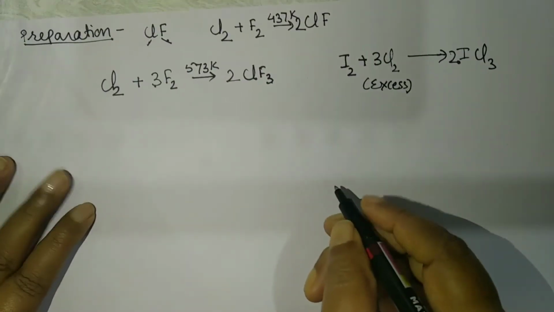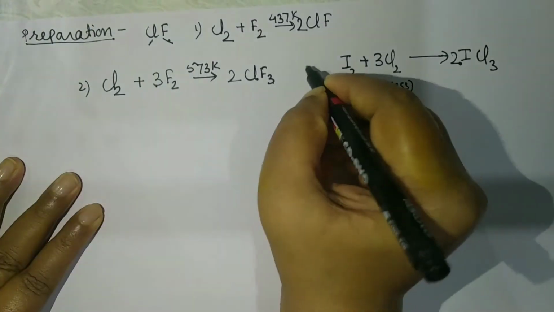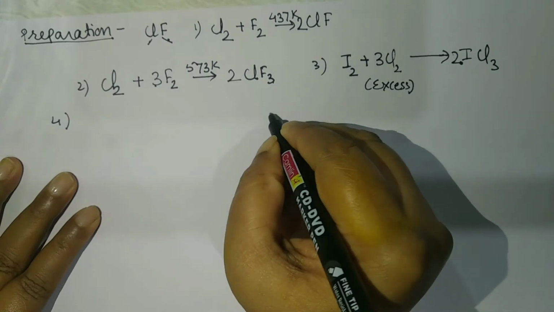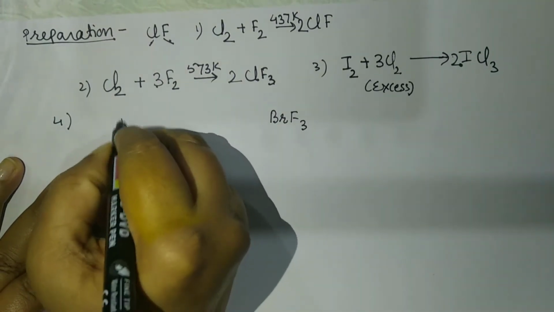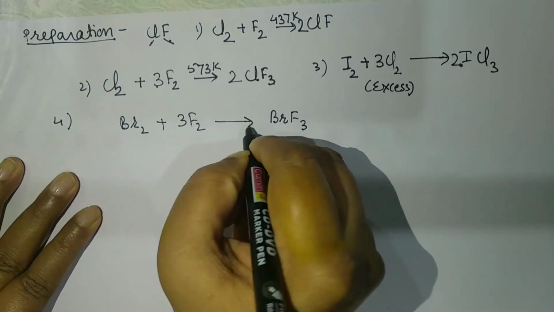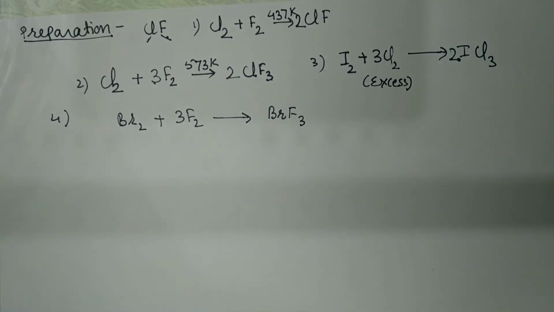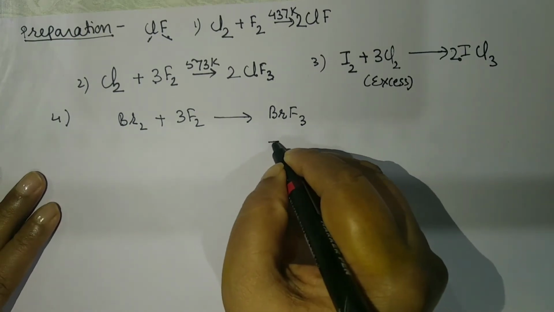Let us try a few more. Let us mark the equation, students. So come to the next equation. We have to form BrF3. So it will be Br2 plus 3F2 gives BrF3. Very easy to write the equations. Let us prepare ICl.